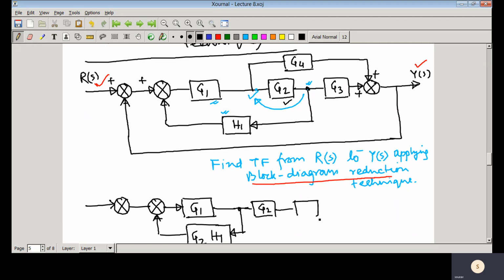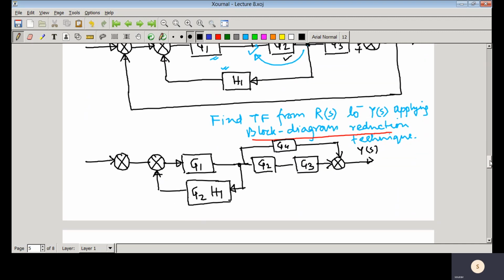Then you have G3, and you have G4. You have another comparator. So the rest of the part remains the same.